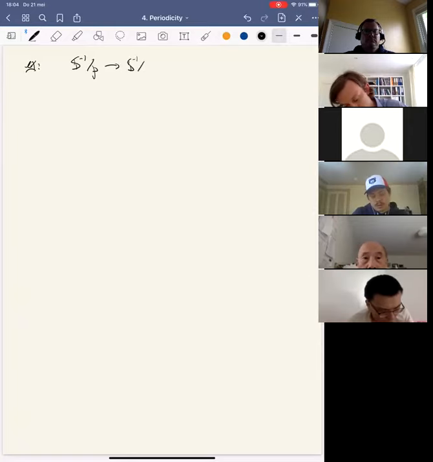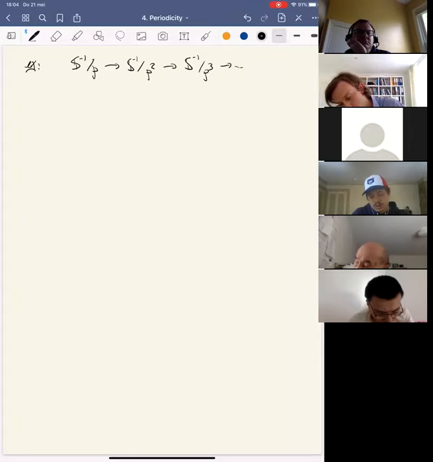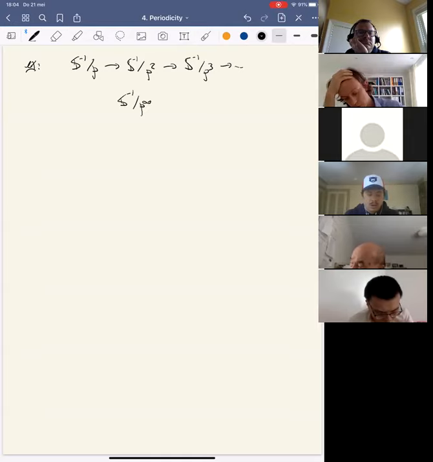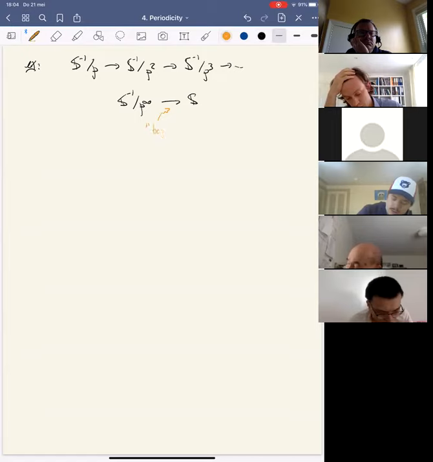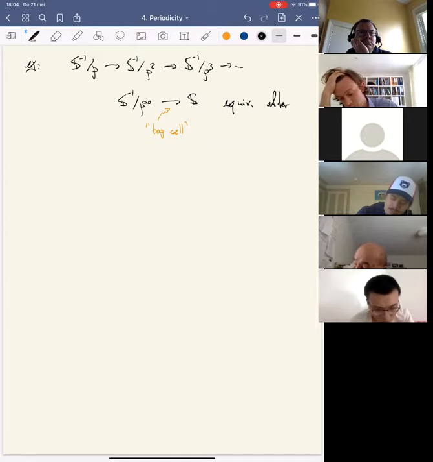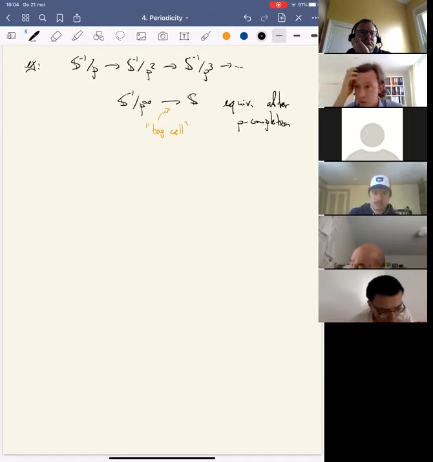You could take S minus 1 mod p, S minus 1 mod p squared, etc. And then there's a map from the colimit, which is usually denoted S minus 1 mod p to the infinity, to S. This is the map that, in some sense, cones off the top cell, at least that's what it does on each of the constituent pieces. And this map is clearly not an equivalence rationally, but it is an equivalence after p-completion.